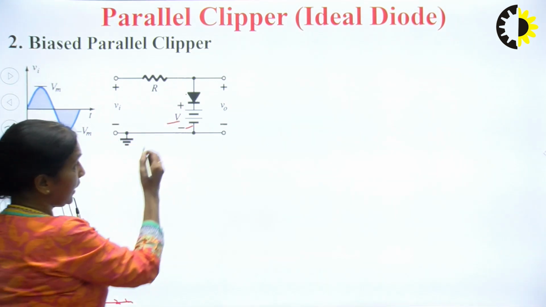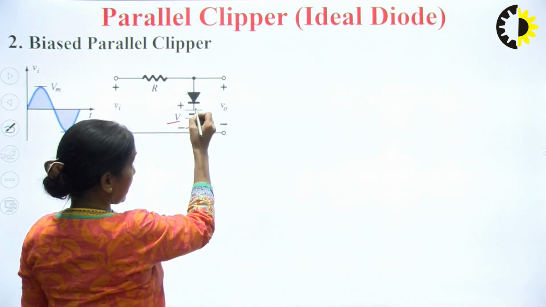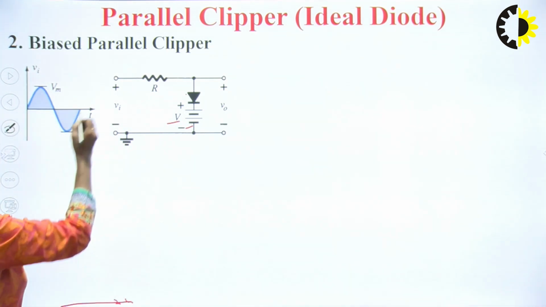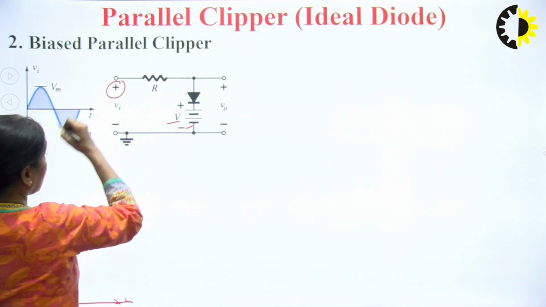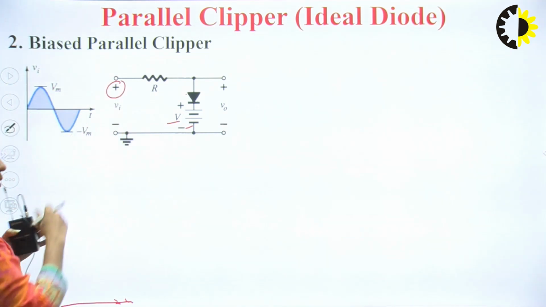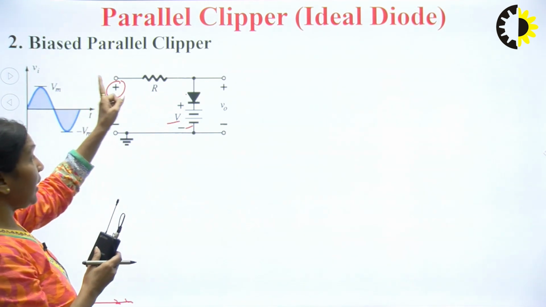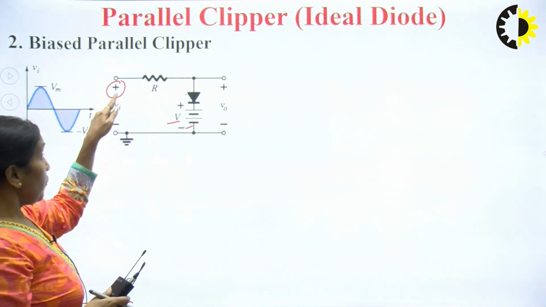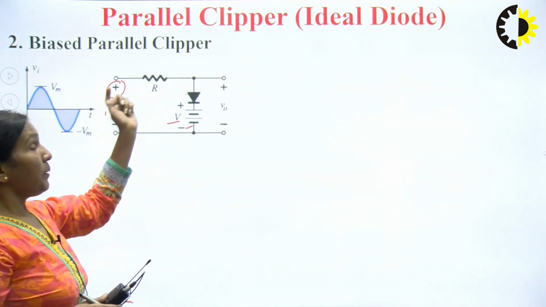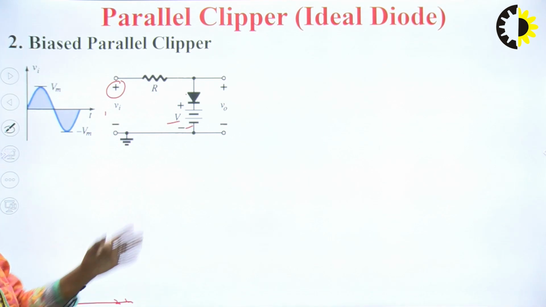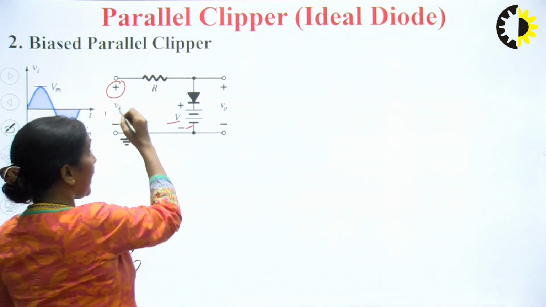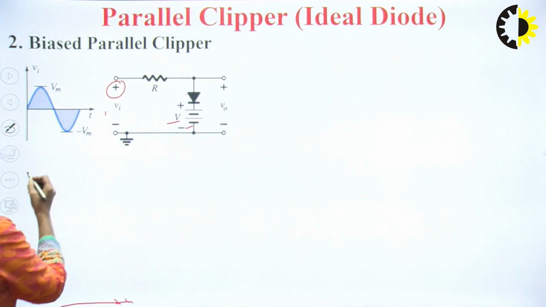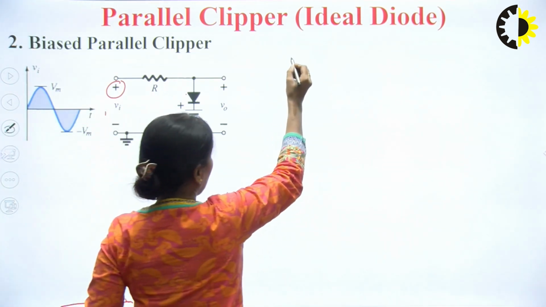Here you can see that the positive terminal of this battery is making your diode reverse bias, whereas during the positive half cycle, this positive terminal will try to make the diode forward bias, but this will make your diode forward bias only when your Vi is greater than this V volt. So here you can say that your transition voltage will be V volt.